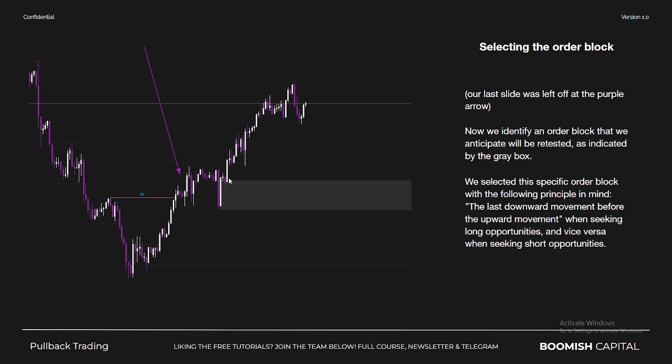My reason for probably still picking this as an order block is because we're in a strong trend, and this move is such a major volatility move that there's a lot of orders in here or in this area in general, right? So whether it's here or here, there's going to be a lot of orders, just because it's such a volatile move where it's one candle and a recovery that resulted in a big move.